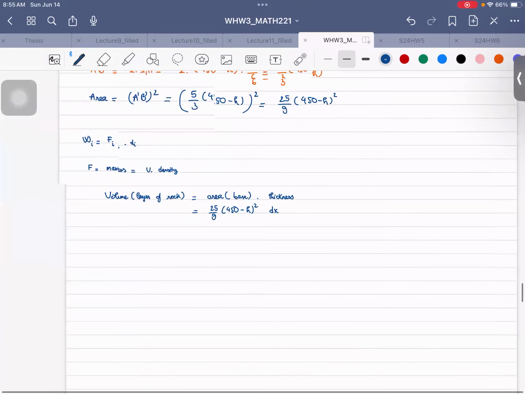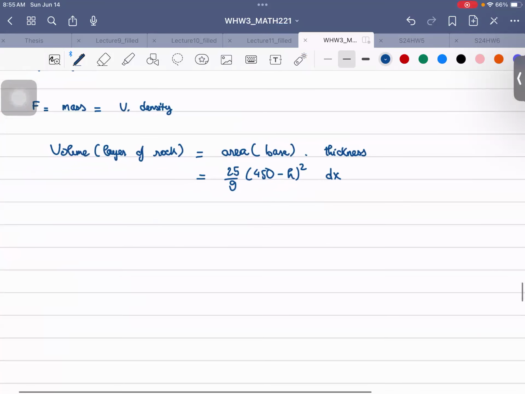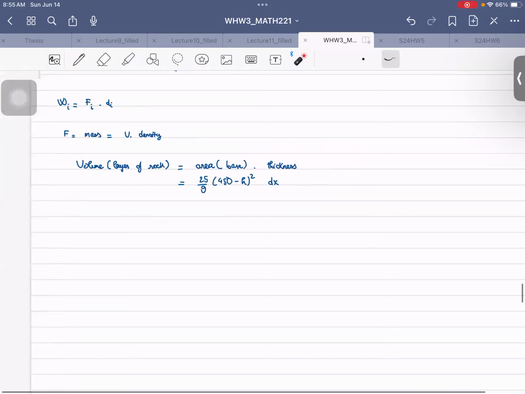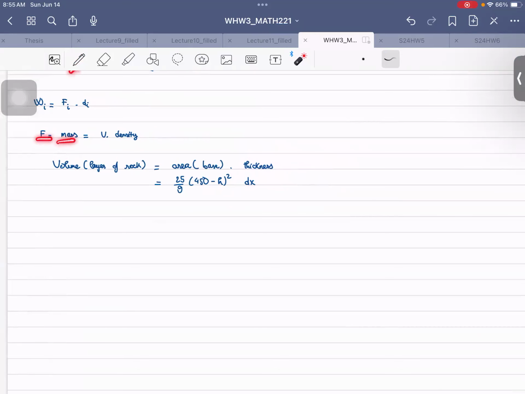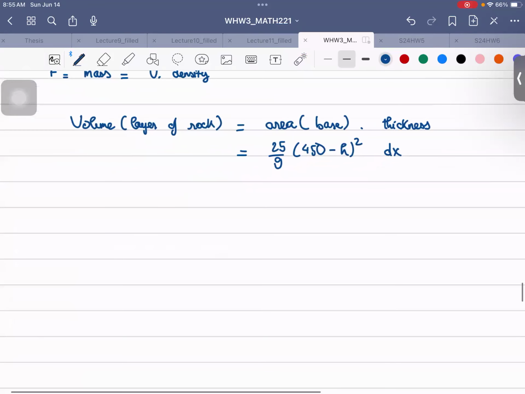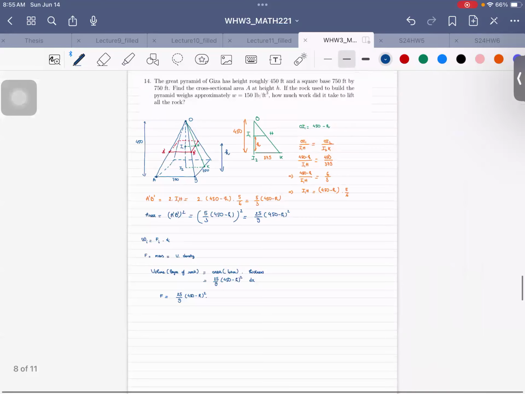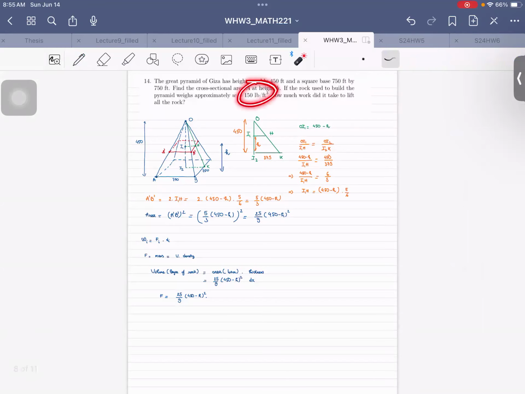Once you get the volume, you just need to take the volume multiplied by the density, and you're going to have the mass, or the force. The force will be the volume multiplied by the density constant.